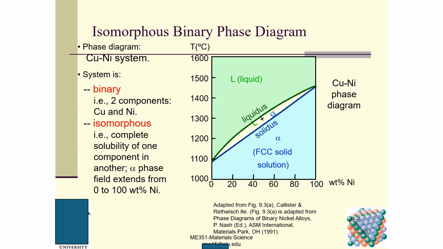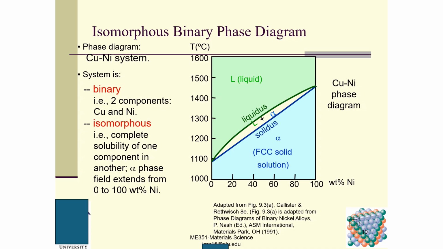That means you can dissolve 100% of nickel, from 0 to 100% of nickel, in this copper. This is a solid solution, a substitutional solid solution. Do you still remember this concept, substitutional?